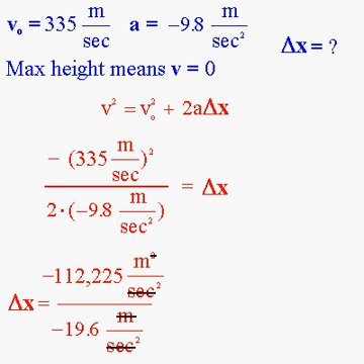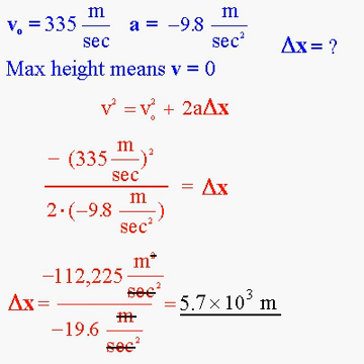That's good because we're figuring out displacement. When I work through the numbers, I get 5,700 or 5.7 times 10 to the 3. I'm limited to 2 significant figures because even though 335 has 3 significant figures, 9.8 has only 2. So we know that the maximum height of this bullet is 5.7 times 10 to the 3, or 5,700 meters.